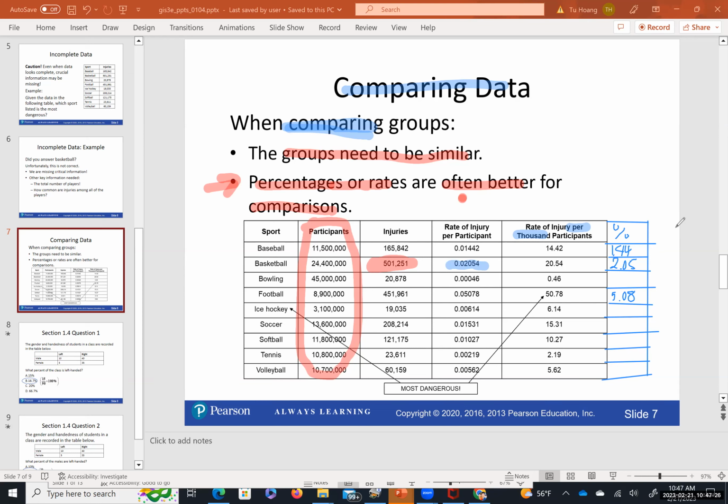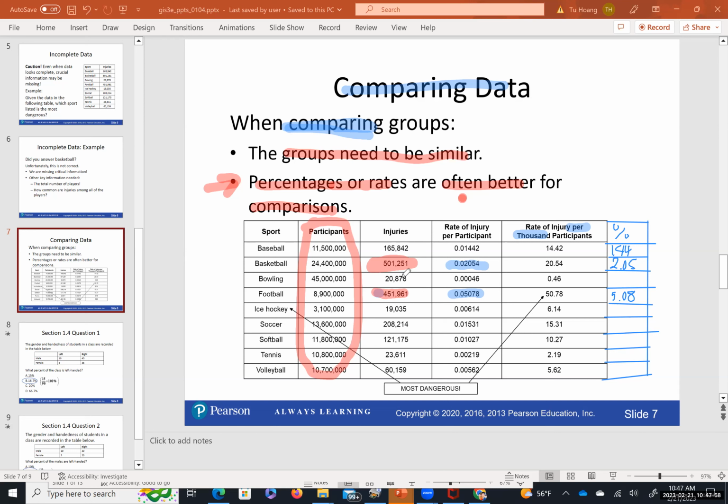So you can see now if you compare the rate of football and basketball, the football is higher than the basketball.